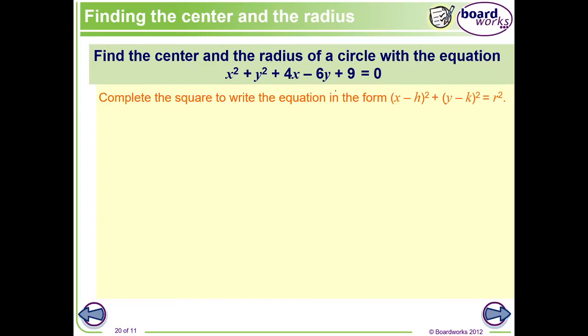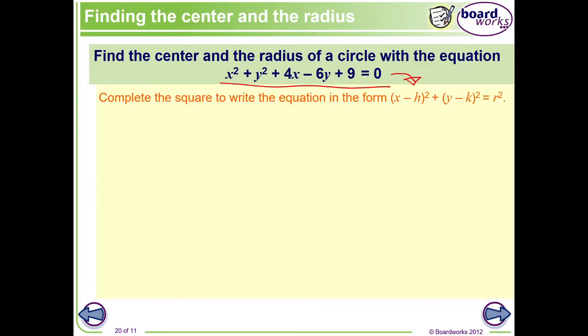So we need to transform this into this format. Is this clear, section Zircon?